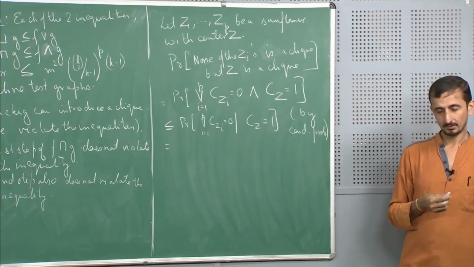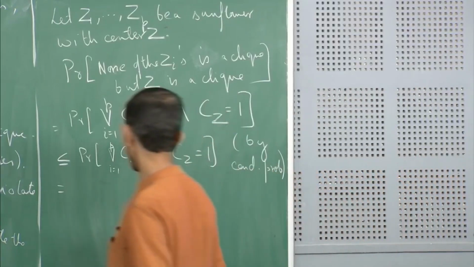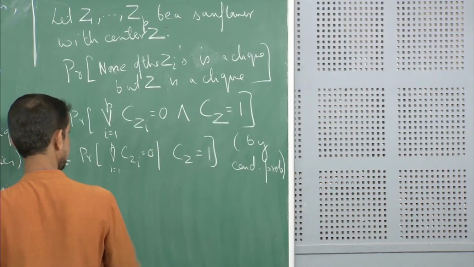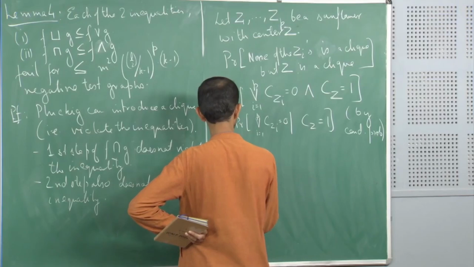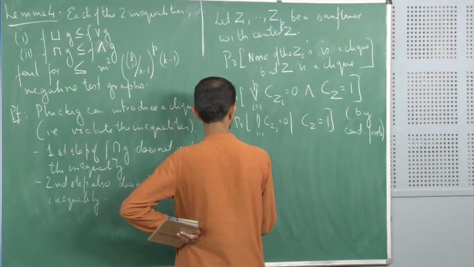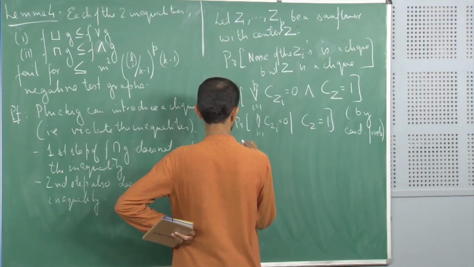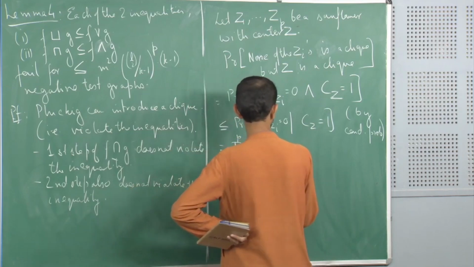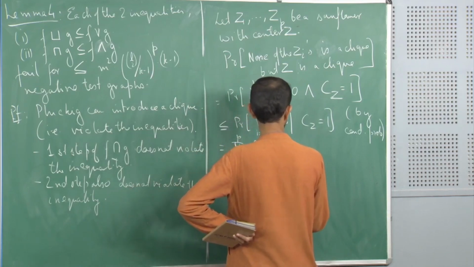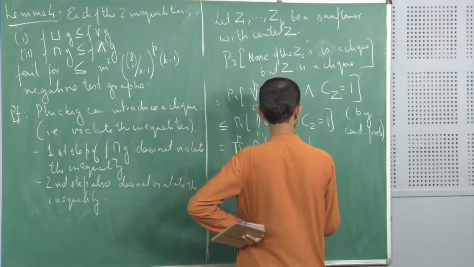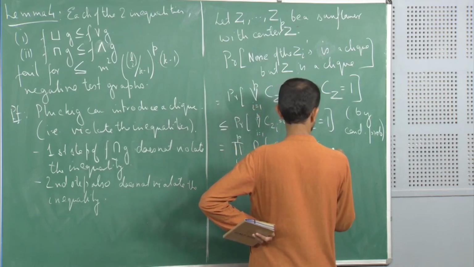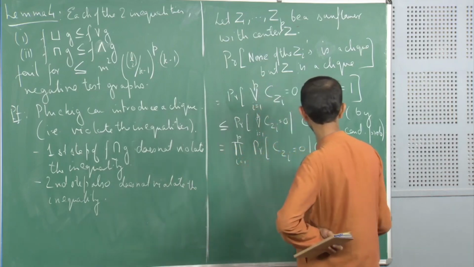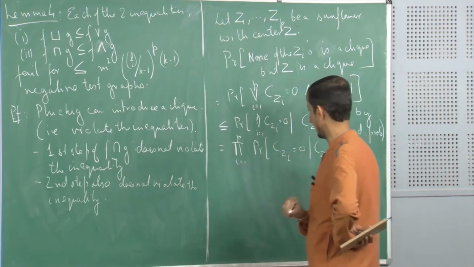Therefore each of these Zis being equal to 0, I can write it as the product over i going from 1 to p of the probability CZi is equal to 0 given CZ is equal to 1.